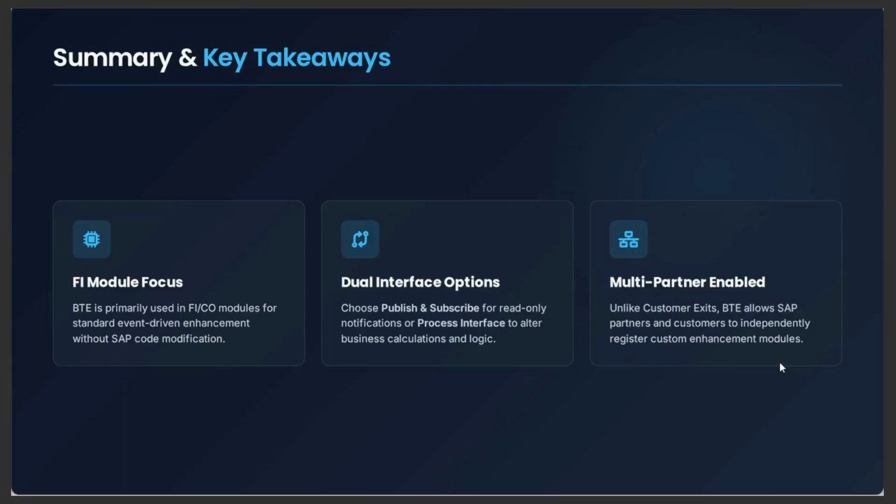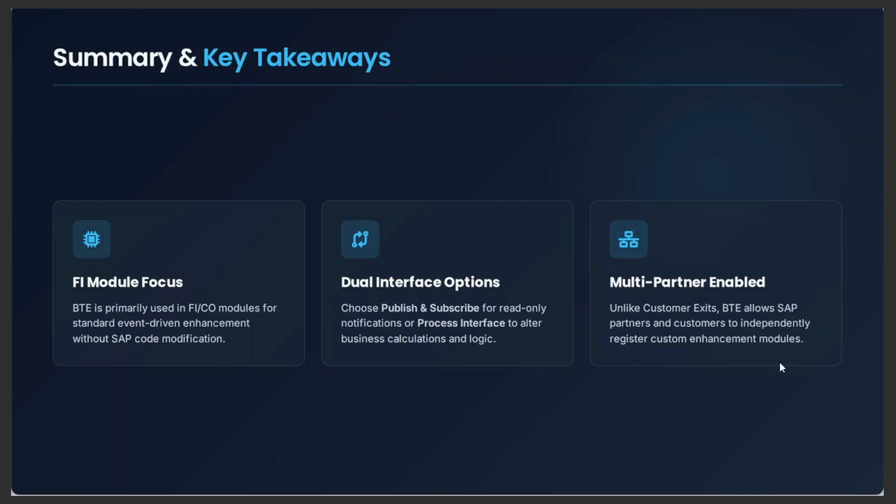So this is the summary, the last point, where we summarize all the things we have discussed. BTE is a function module based enhancement technique widely used especially in FICO. It supports multi-party involvement, SAP partners and customers.